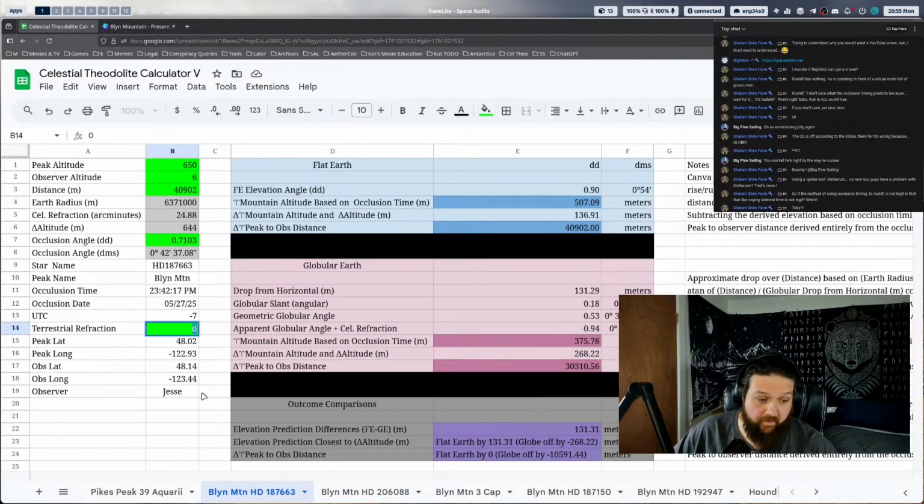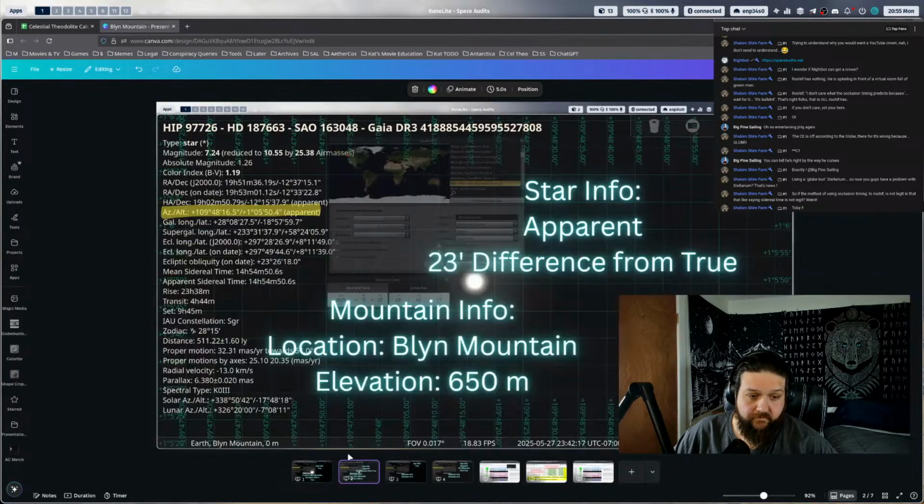Yeah. Forward. And then notice on Blinn Mountain, the reason why Jesse used this distance and this mountain peak and this occlusion time is because if you look at the celestial refraction number, it's 23 arc minutes.